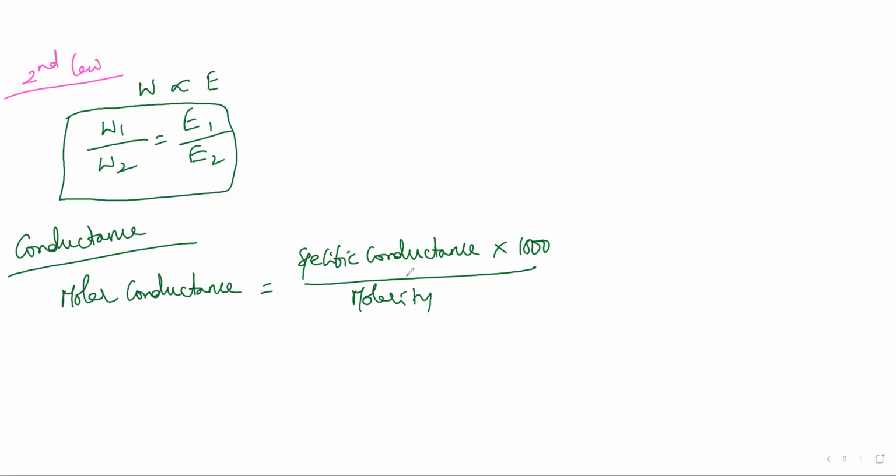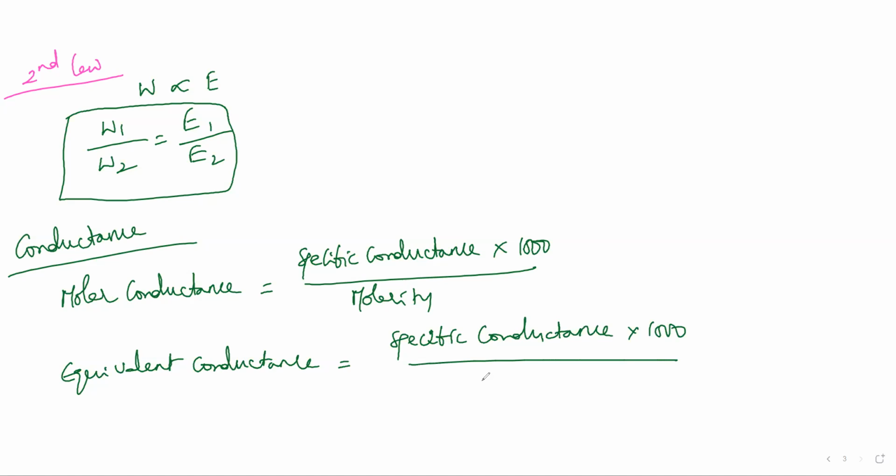Then equivalent conductance is again specific conductance into 1000 by normality. Okay. This is about equivalent conductance.